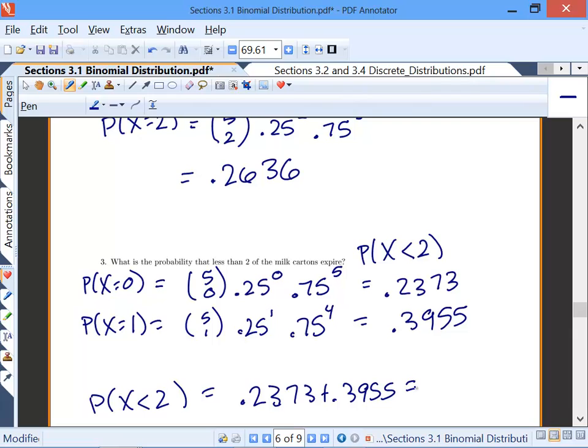So if I take off the 2, I get 0.6328. So 63% chance that less than 2 milk cartons have to be thrown away each week.